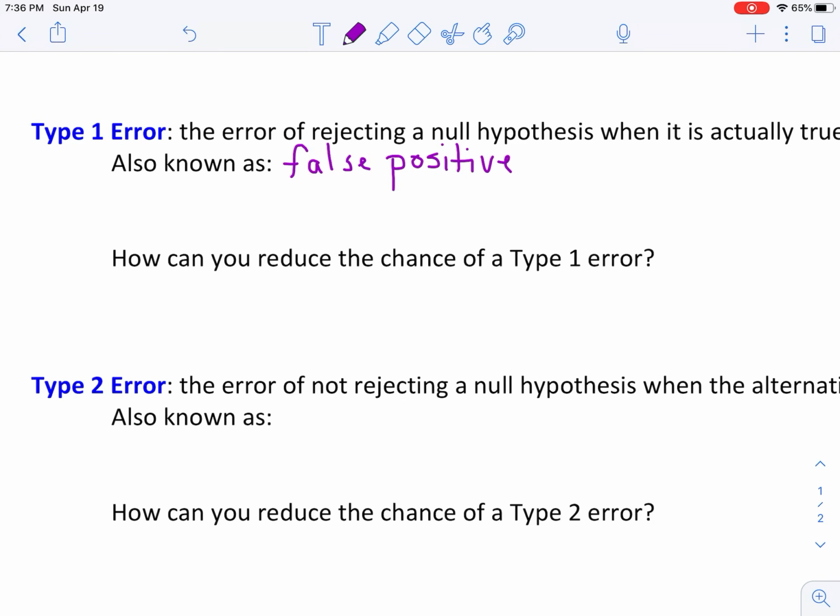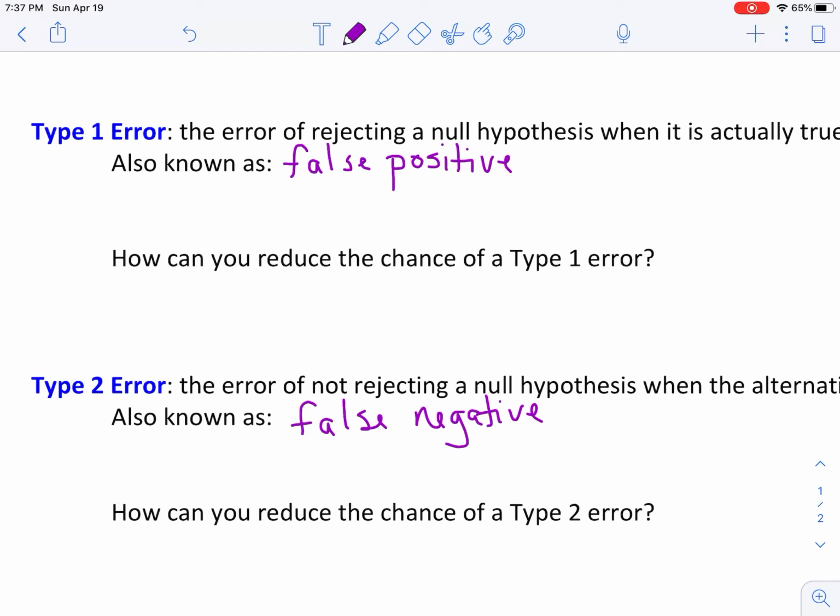And then a type 2, when you don't reject the null hypothesis, but you should have, that is the same as a false negative. Those are terms you might hear in everyday language, to be honest.